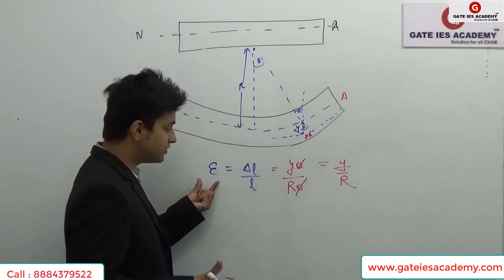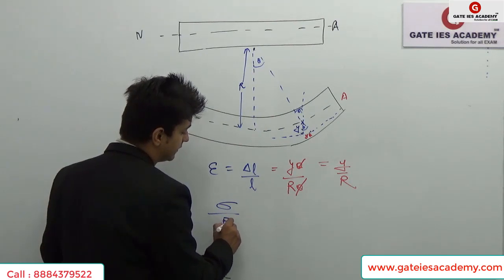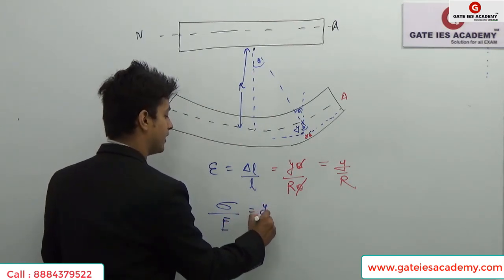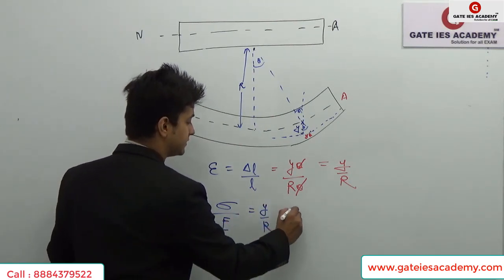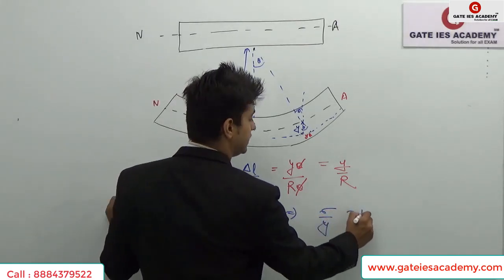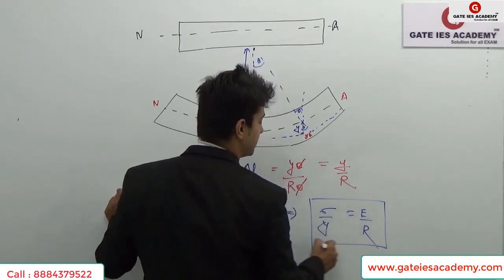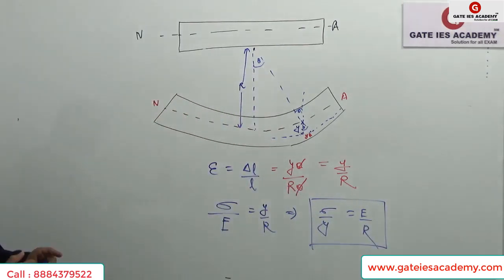If I change the strain into stress, sigma by E is equal to y upon R, which implies sigma by y is equal to E upon R. This is my first relationship for the bending stress equation.